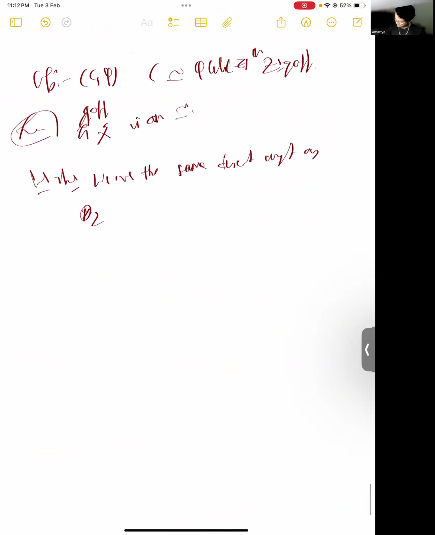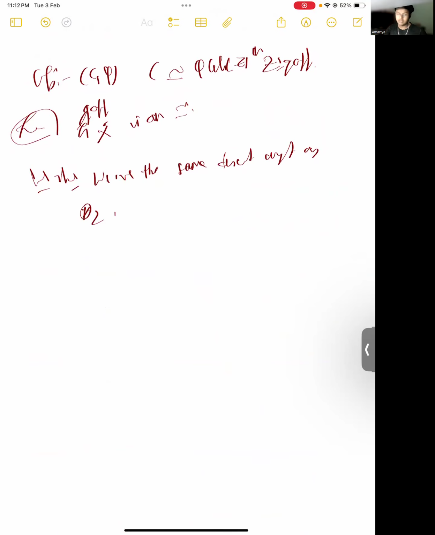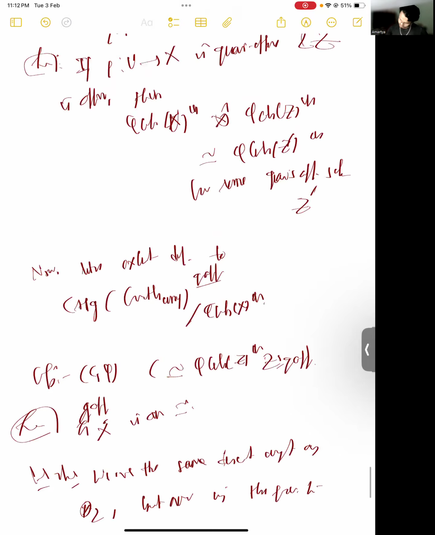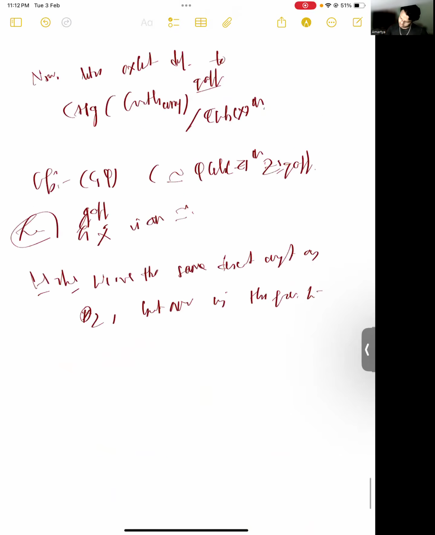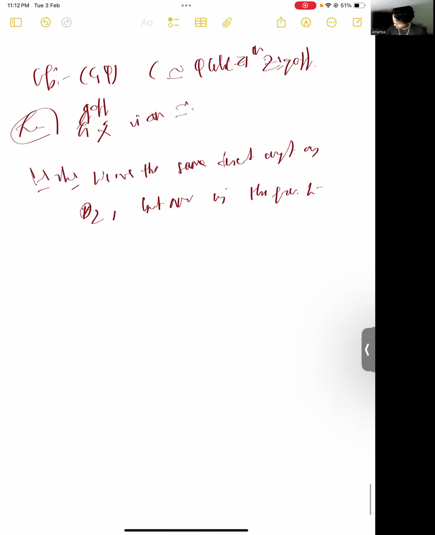So yeah, now using the previous lemma, as in this one, we can ensure that the local pieces are quasi-affine.